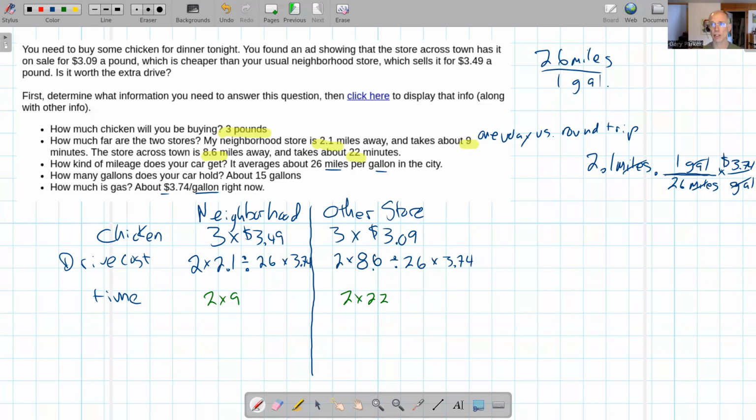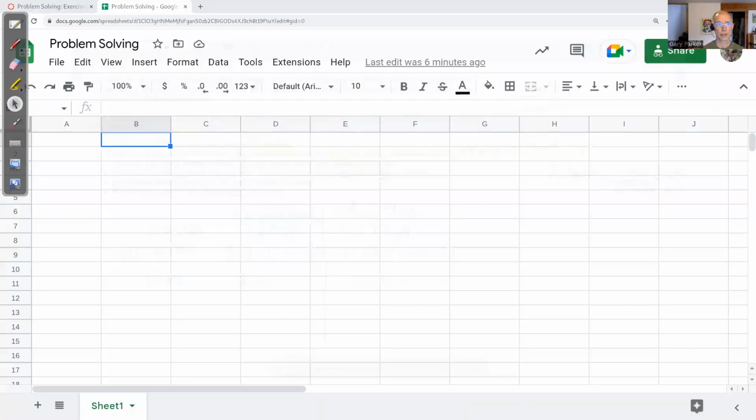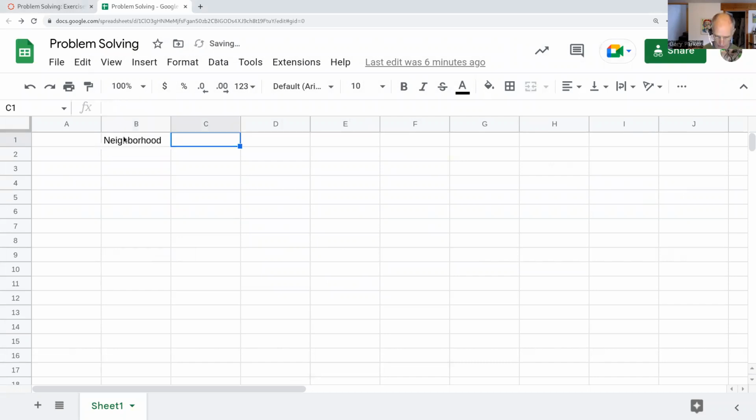So let's get a spreadsheet going. And I want to keep track of the neighborhood store and the other store. And then we want to keep track of the chicken and the drive.